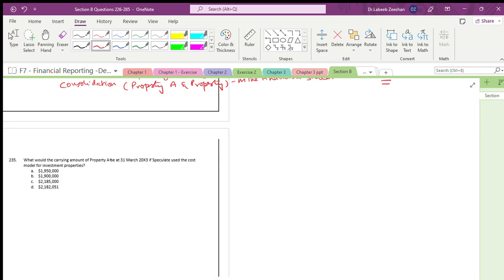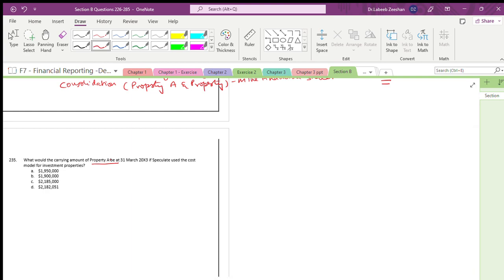What is the carrying amount of property A as per 31st March? Use the cost model for investment property. We are not talking about the fair value model.